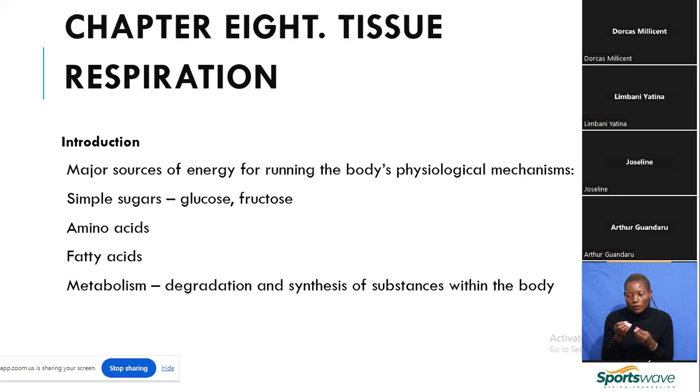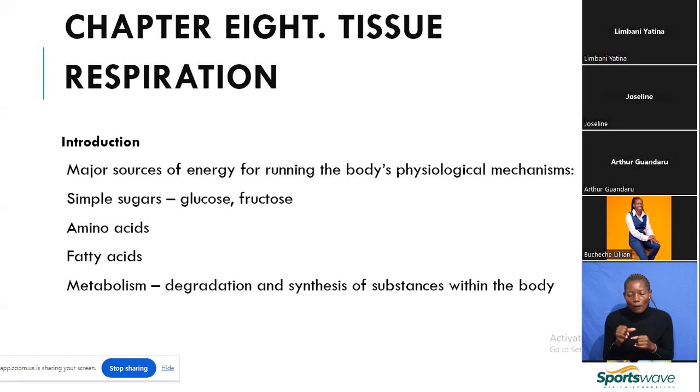And we now come to the last chapter. Again, fundamental energy production. Remember, we eat foods, simple sugars, carbohydrates. We eat protein, which gets broken down to amino acids. We eat fats that get broken down to fatty acids.